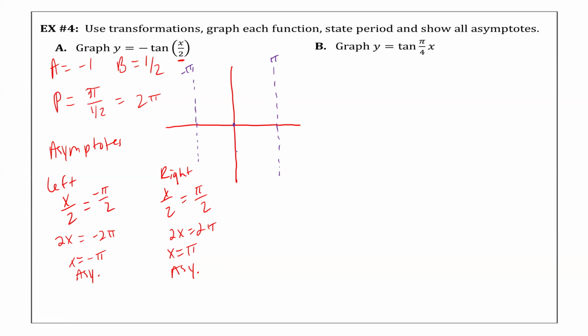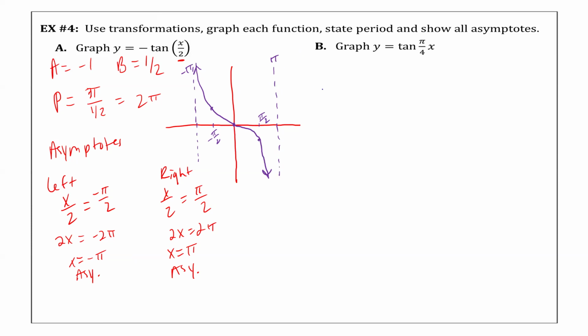We still have our max and our min because there is no vertical stretch. Our high point is now here because our A is negative, and our low point is now here at our halfway. So we're at negative pi over 2 and at positive pi over 2. Now we have our tangent function after our transformation.